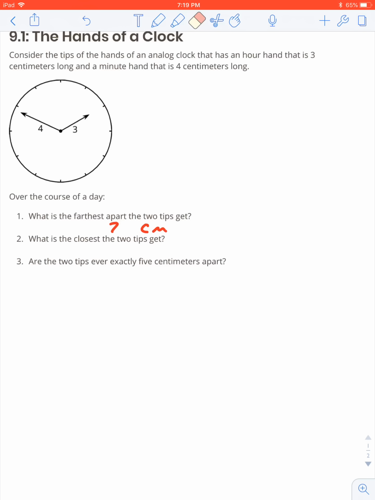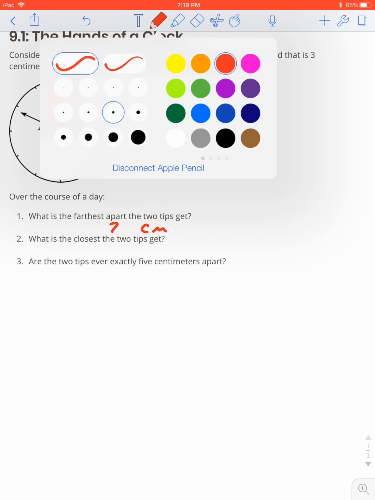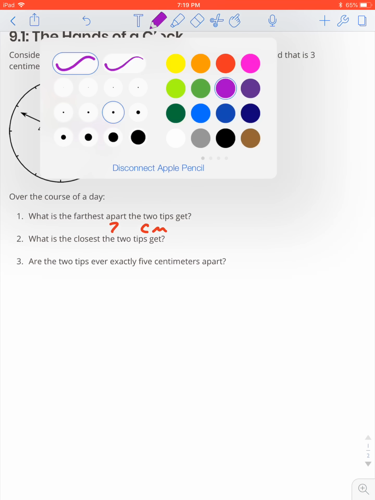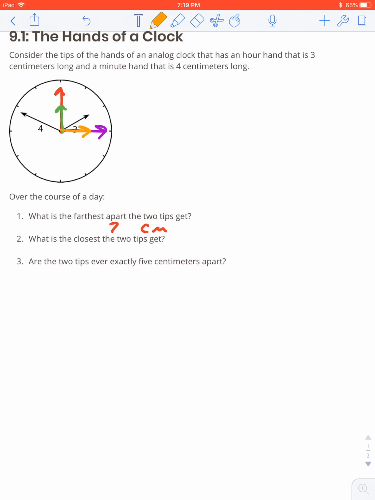So what is the closest that the 2 tips are going to get? At any point in time that the 2 tips are both facing the same direction is the closest that they could possibly get. Okay, so I'm giving several different examples here. Obviously the ones that I'm giving are going straight to a specific number.